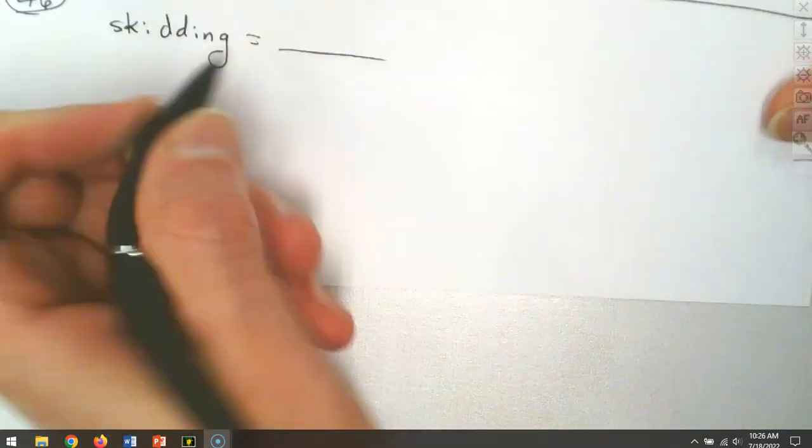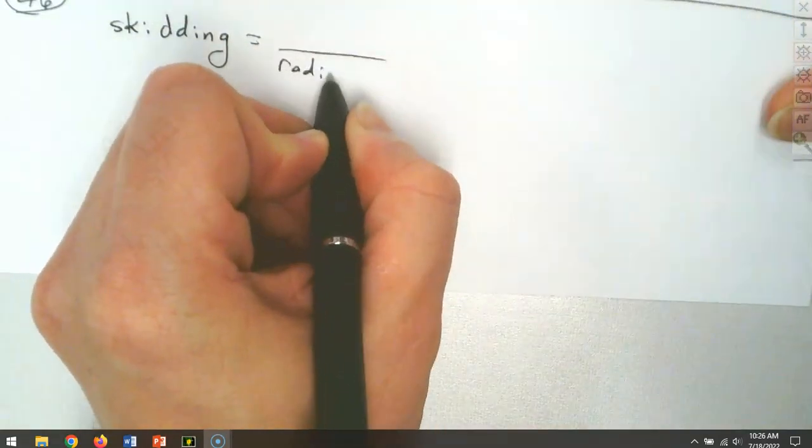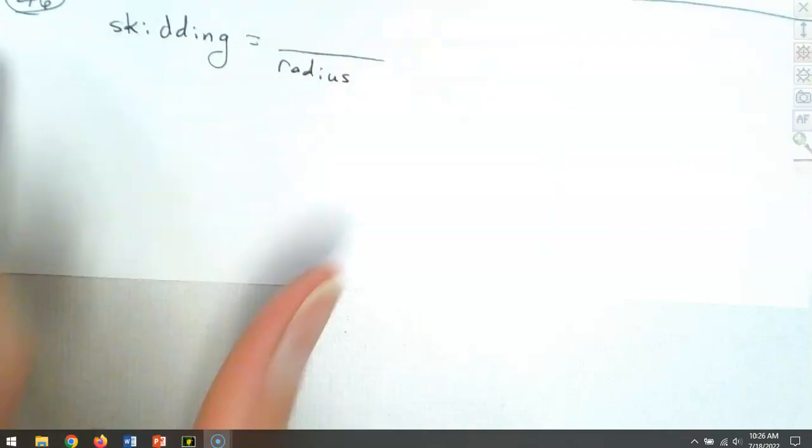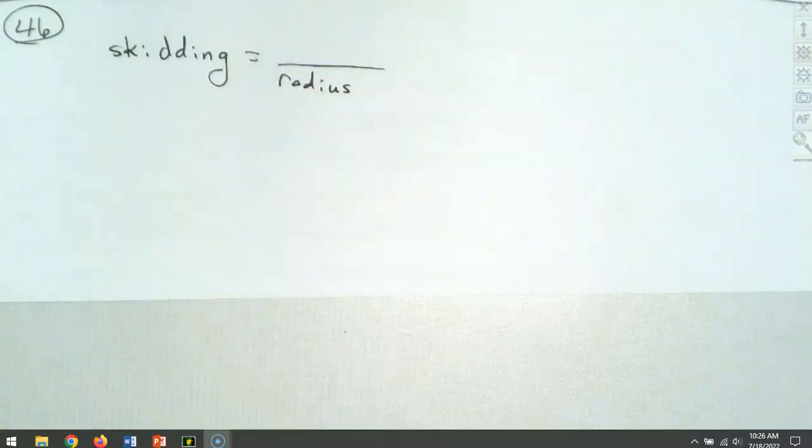And what happens with the skidding of the car? Skidding of the car varies inversely as the radius of the curve. So inversely means it goes down below. Okay, so the radius is down below. Jointly as the weight of the car and the square of the speed. So jointly is just the same thing as directly.